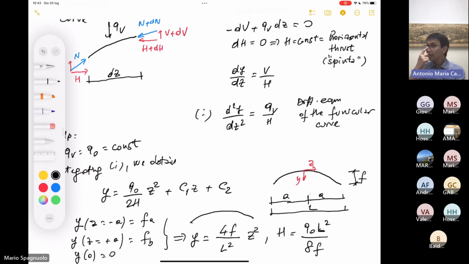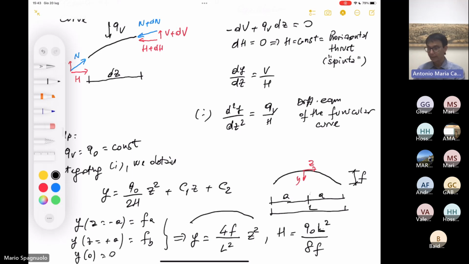And so we will have some bending moment in the arch, not only axial force. But on the other hand, these bending moments may be of secondary importance, not relevant.